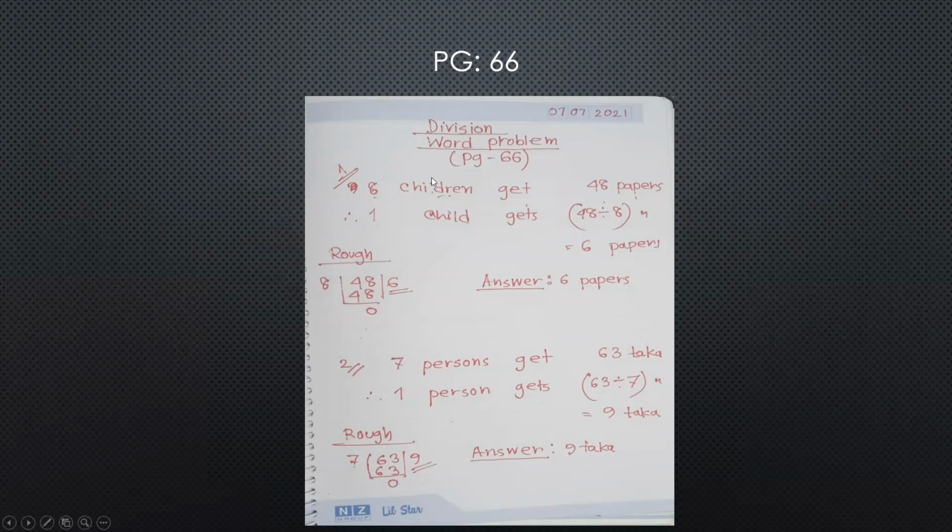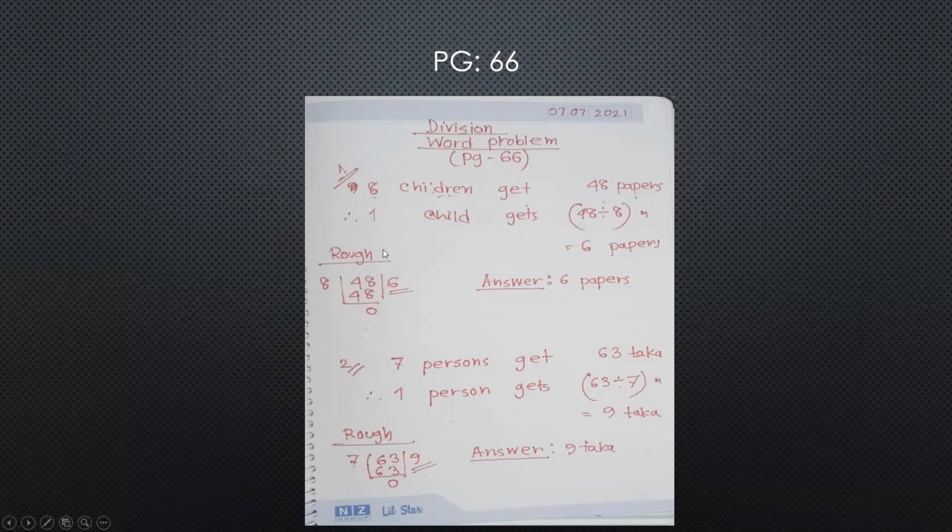Okay, if you look at page number 66, word problem 1: how many papers will each child get? Each means 1. One child gets, if 48 papers are divided among 8 children equally. Here you can easily see divided among 8 children. This problem already says the solution: divide. So here is the equation. 8 children get 48 papers, so one child gets 48 divided by 8 papers. 8 6s are 48.